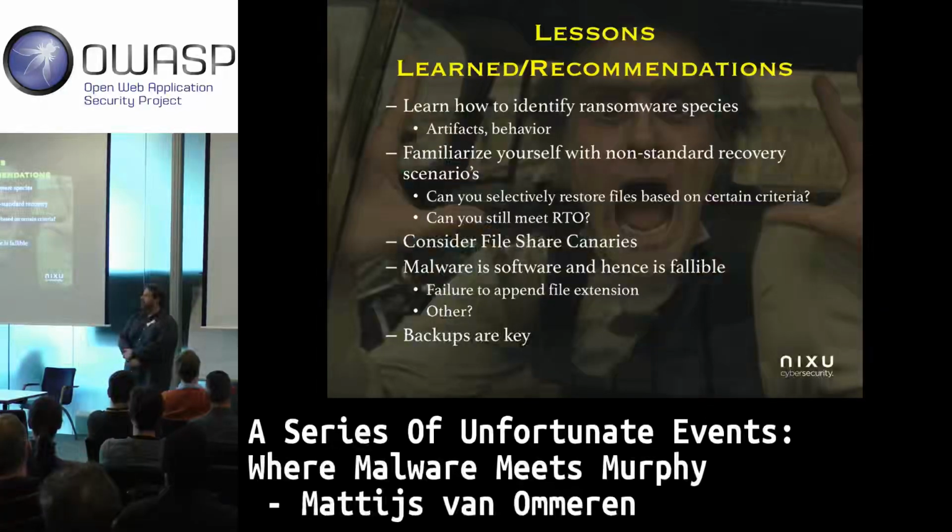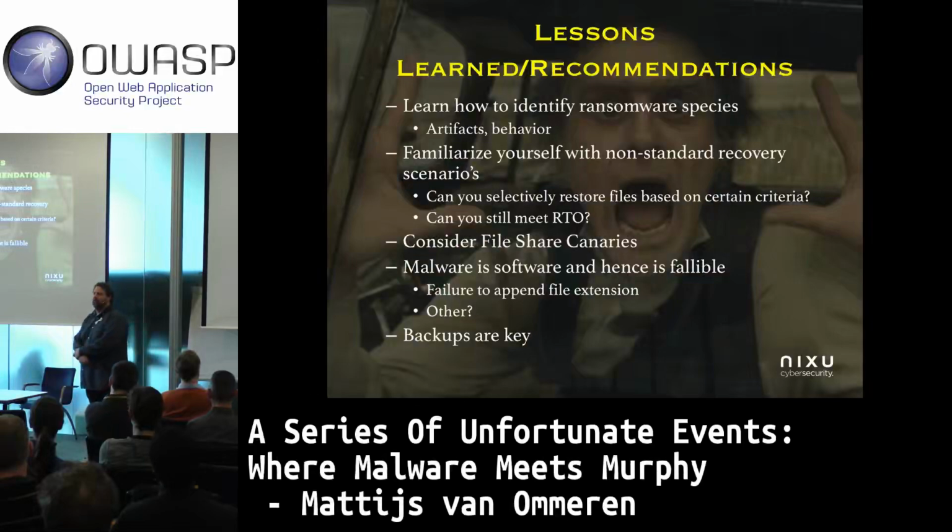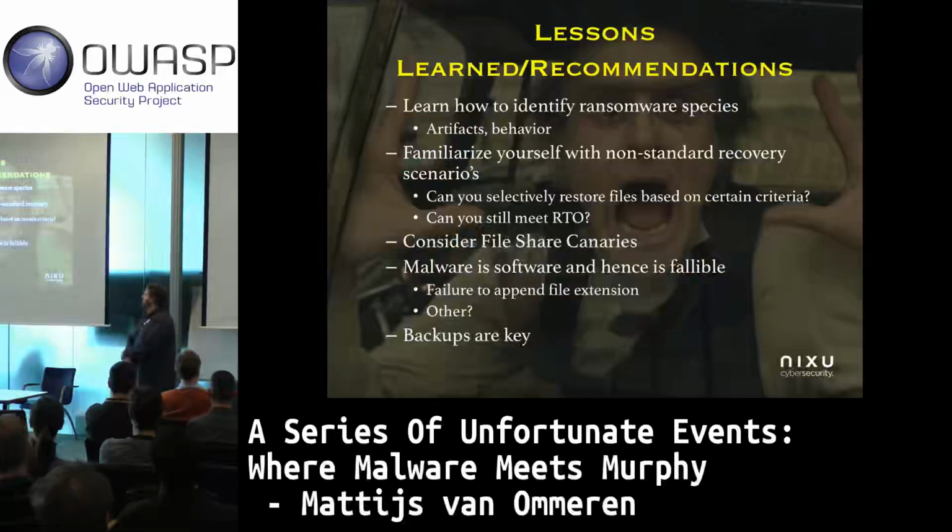You can put some file share canaries: put some file and enable file system auditing on it. Hide it somewhere deep so regular users will not touch it. Hide it with all means possible, but potentially the ransomware will touch it, and once it gets touched, you're pretty sure that something is amiss.